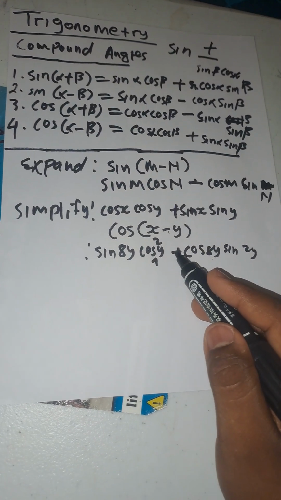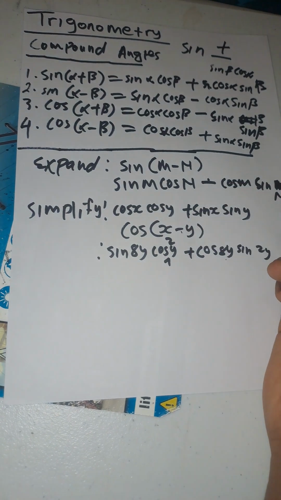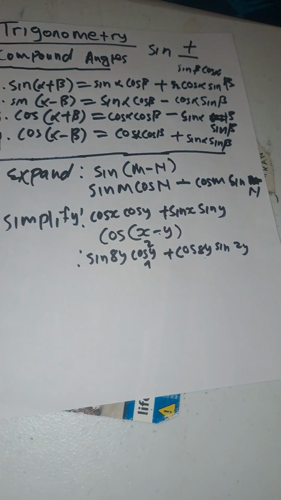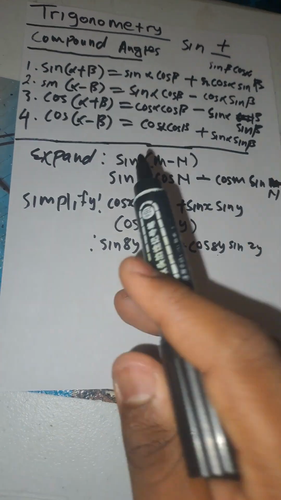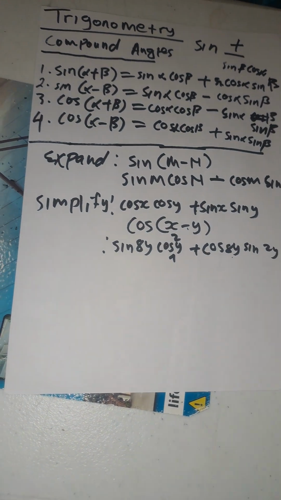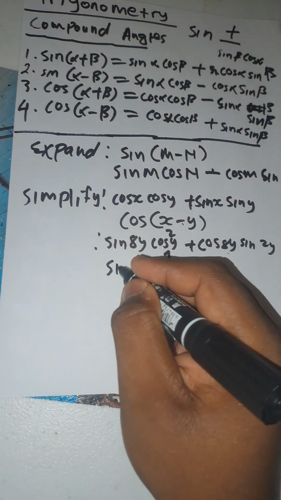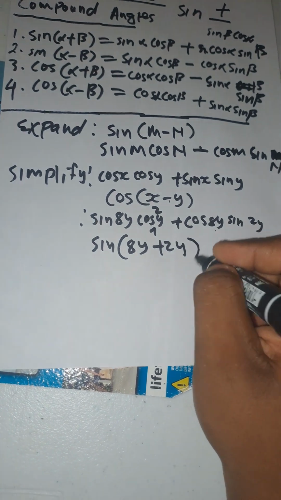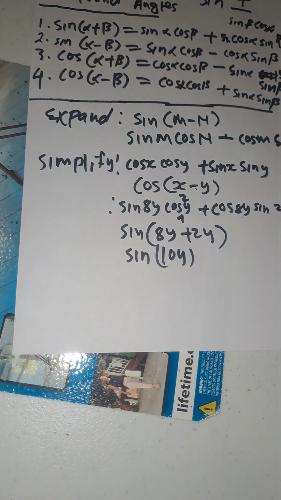I have plus here, and it is sine cos cos sine, so it is the first identity I mentioned, which is for sine. Sine respects the sine, and since it is plus, it's going to be 8y plus 2y, and when I simplify, it's sine 10y. You see, that's how you do it.